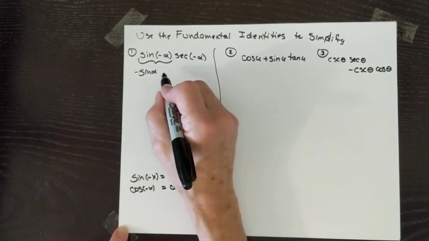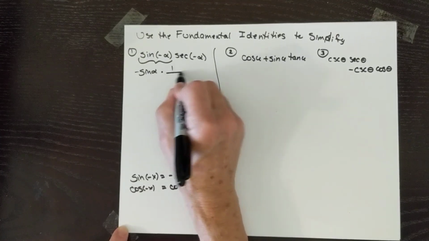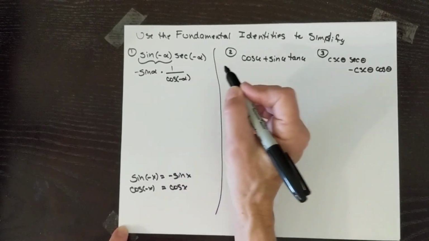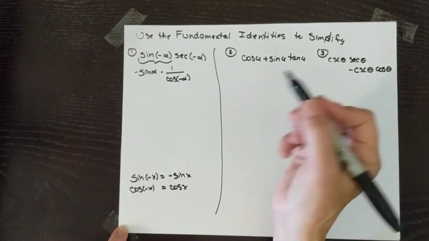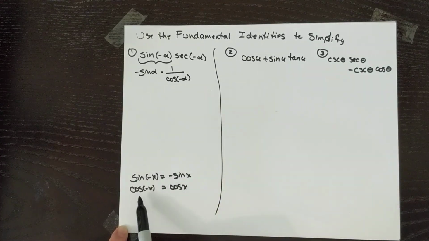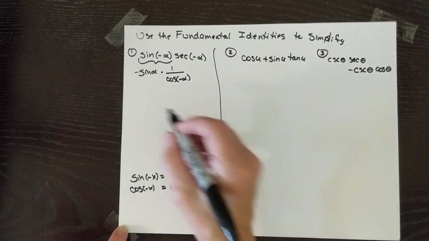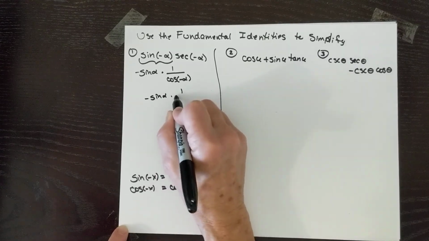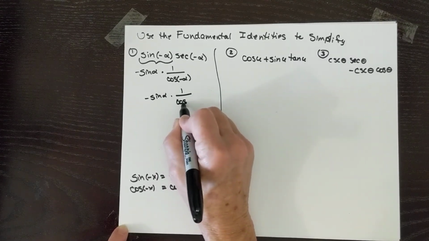Let's rewrite secant as 1 over the cosine of negative alpha. We know that the cosine of a negative angle is just equal to the cosine of that angle because it's an even function. So this is the negative sine of alpha times 1 over cosine of alpha.